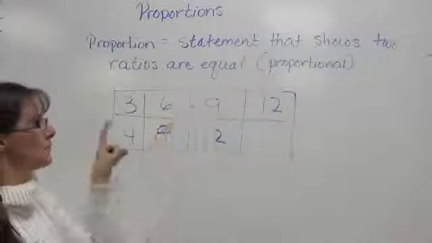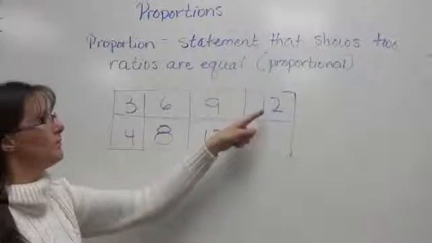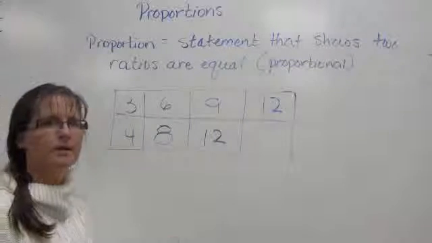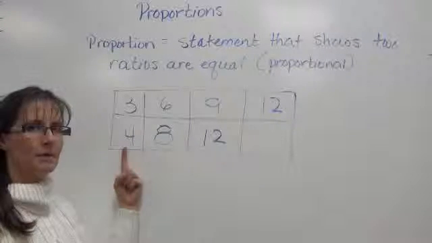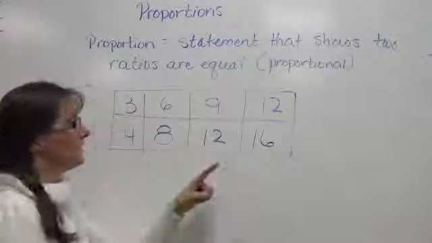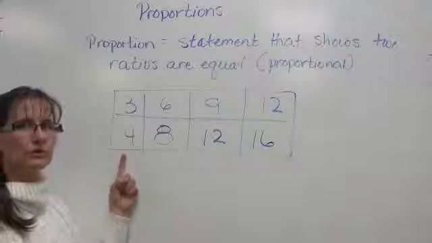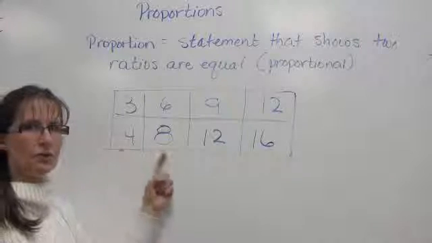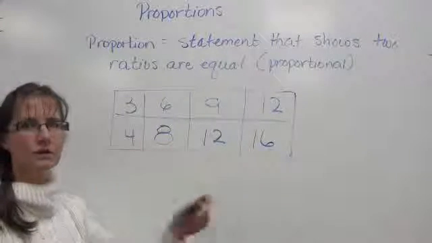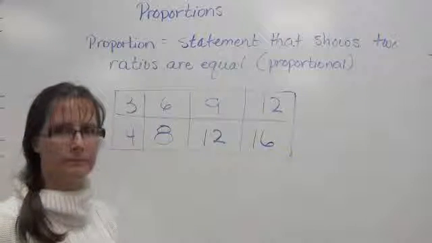These are all proportional. So let's build one more. How did I go from 3 to 12? I multiplied by 4. So I can multiply my denominator of 4 by 4 and get 16. Go back to your original ratio to create your new ratios, and they will be proportional to one another.